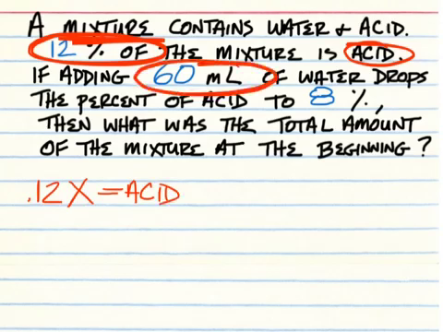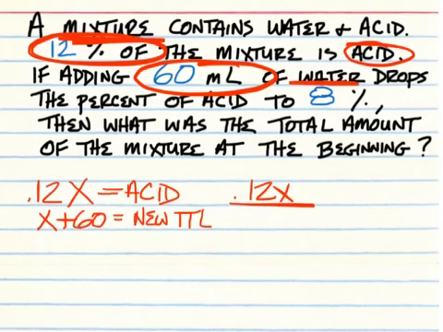If we pour in 60 milliliters of water to the original total, that is X plus 60. That would give us our new total. And just as before, you divide the amount of acid by the new total to come up with the new percent, which is, in this case, known to us to be 8%.